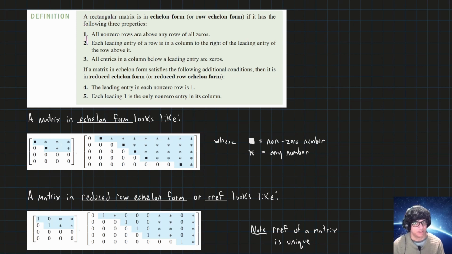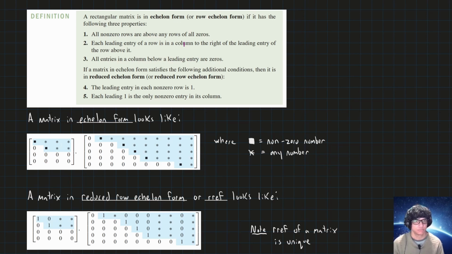If a matrix has these first three properties, we call it a matrix in echelon form. If it has all 5 of these properties, then we call it reduced row echelon form. Reduced row echelon form is more work to get at than just echelon form.